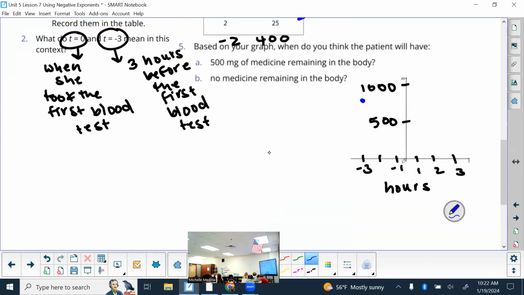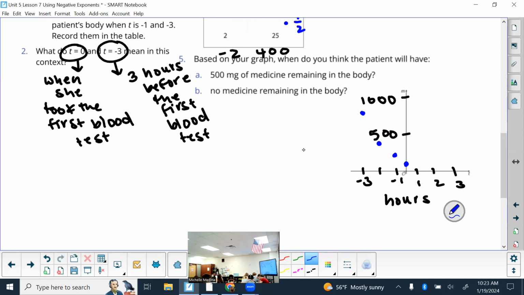When t is -1, it's at 200, so probably somewhere here. We can include the -2 at 400 if you want. At 0, it's at 100, so that would be your y-intercept. At 1, it's at 50, so even smaller for the y. And at 2, it's at 25.